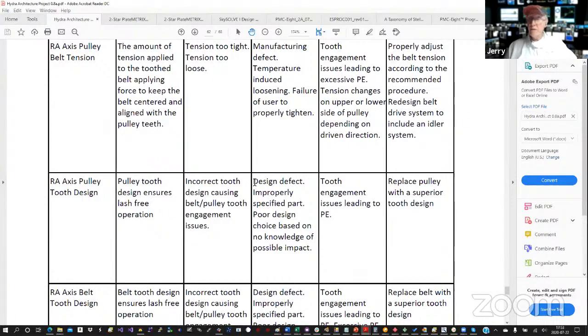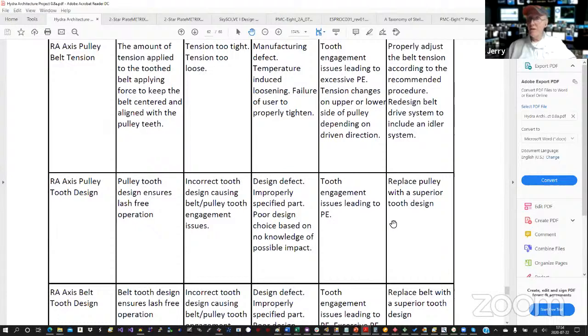So that's an area of improvement that we need to think about going forward. If we identify these issues in the field, where the PE error in our pulley system is caused by either belt tension or maybe the tooth design, this could be a design defect based on our choice. This is as real as it gets.